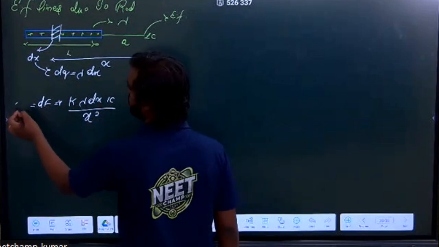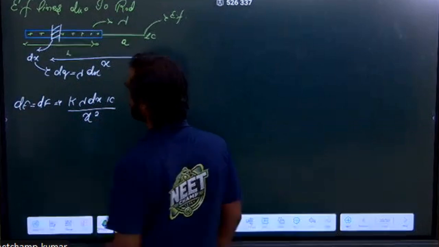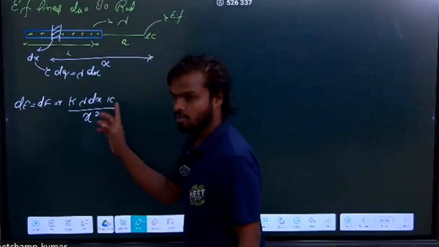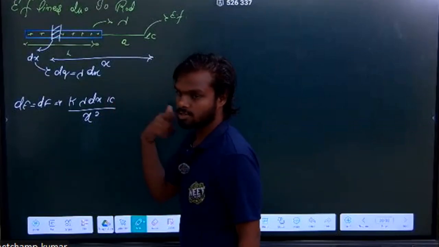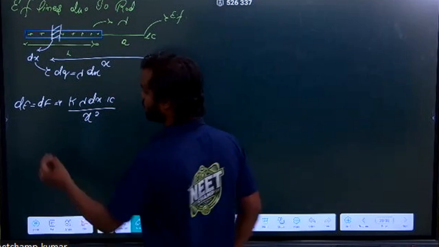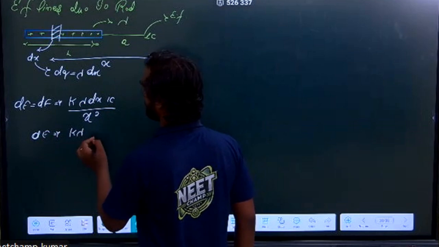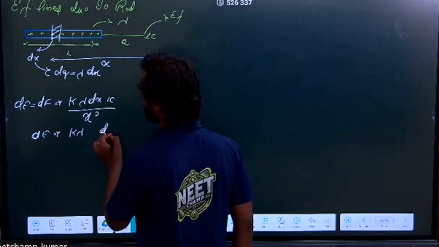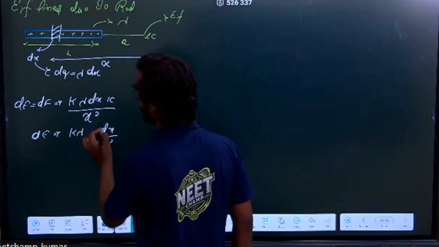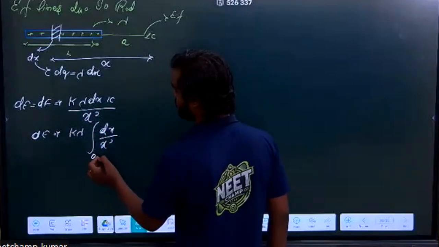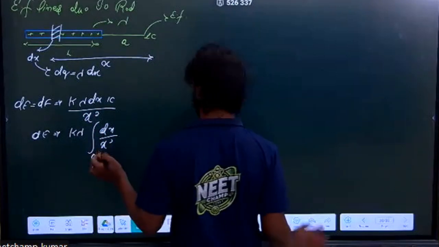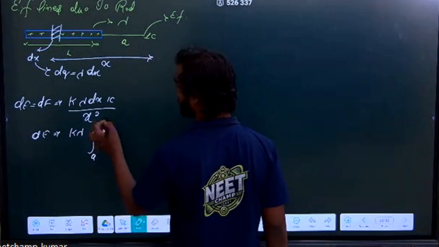This is also equal to the small electric field, because the force on a 1 coulomb charge is the same as the electric field. So dE is equal to k lambda into 1 coulomb, taking dx upon x square outside. We integrate with limits from x equal to a up to a plus l.